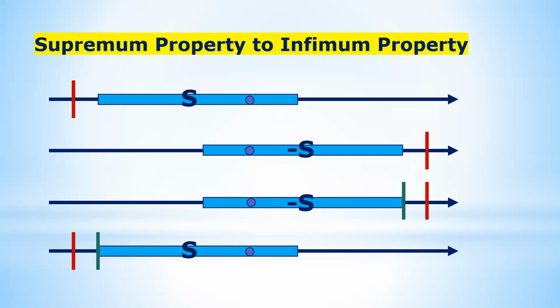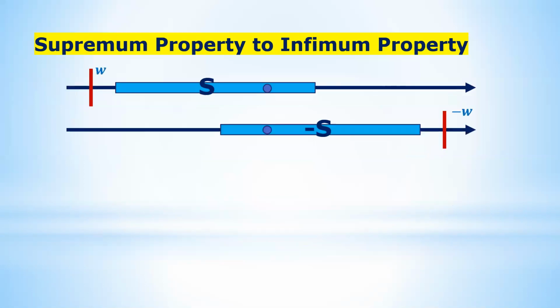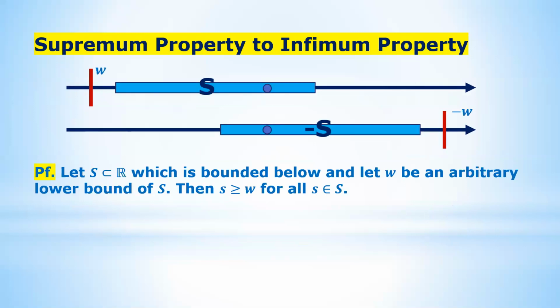So I'm now going to write down the detailed proof for that, okay? Step one in the proof, we want to make a transformation. We begin to prove it. We let S in R, which is bounded below.